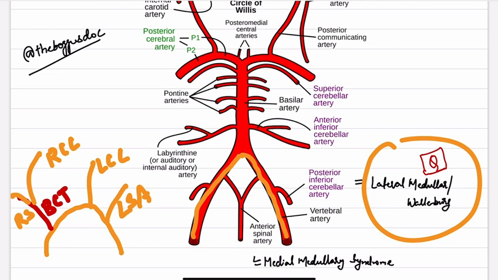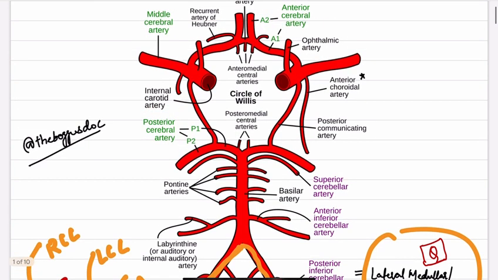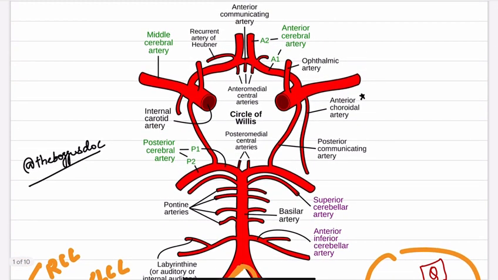After the two vertebral arteries, they meet and make one single basilar artery, and this basilar artery bifurcates into two branches. Which branch? It is the posterior cerebral artery. This is important. On the other part of the circle, there is the internal carotid artery.